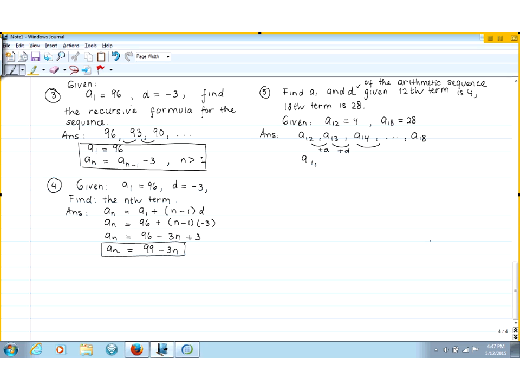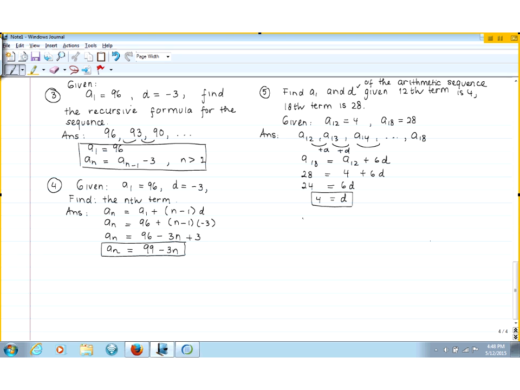This is how many differences we have, so plus D, plus D. So we know that A18 is A12 plus 6 of the difference. So A18, which is 28, is equal to A12, which is 4, plus 6D. So subtract 4 from both sides: 24 equals 6D, and D is equal to 4.